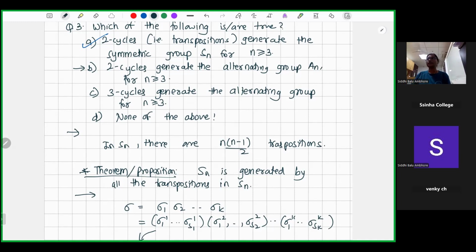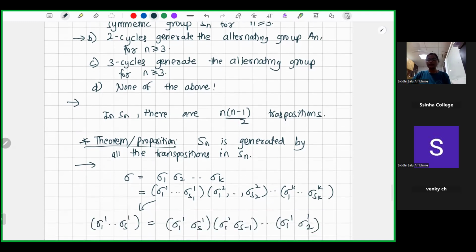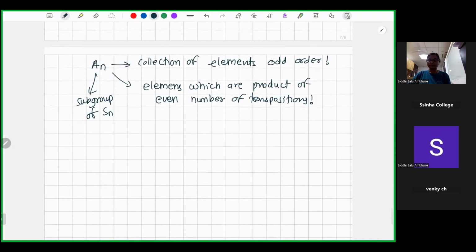Understand that 2 cycles means transpositions, right?